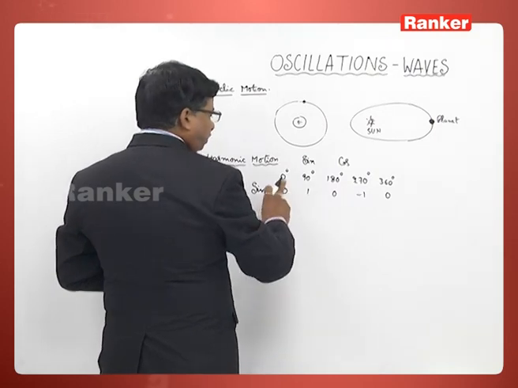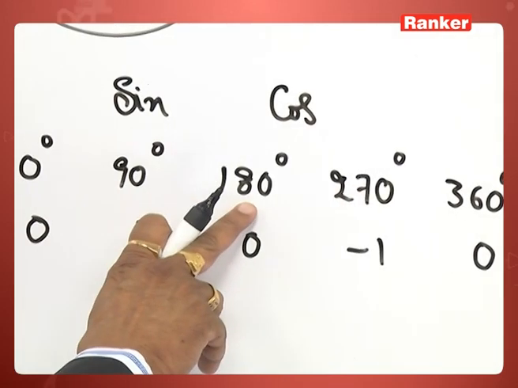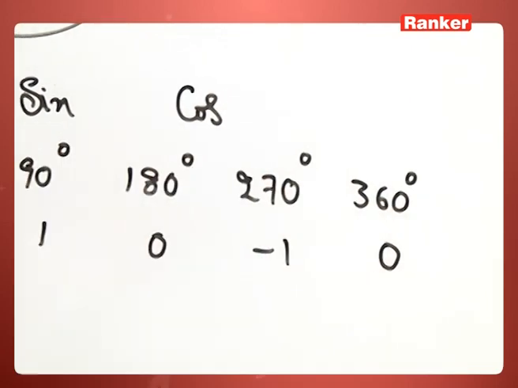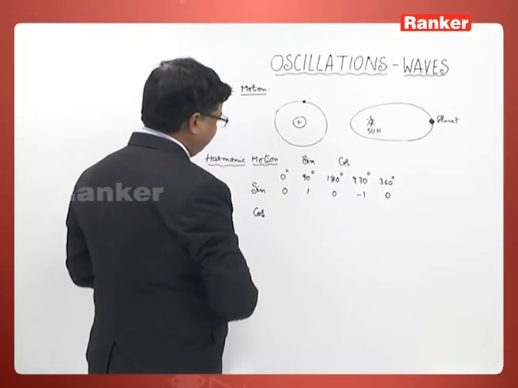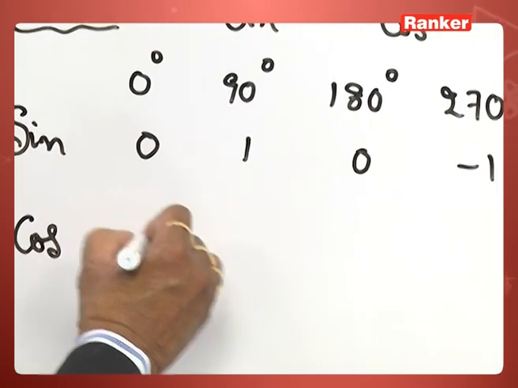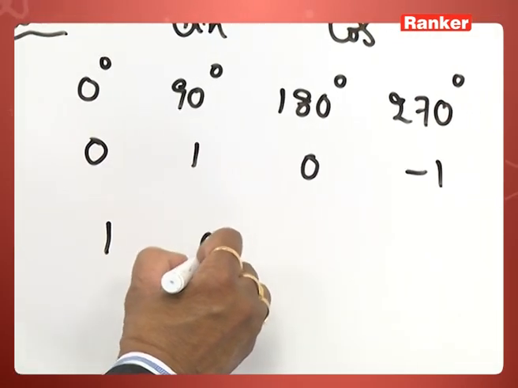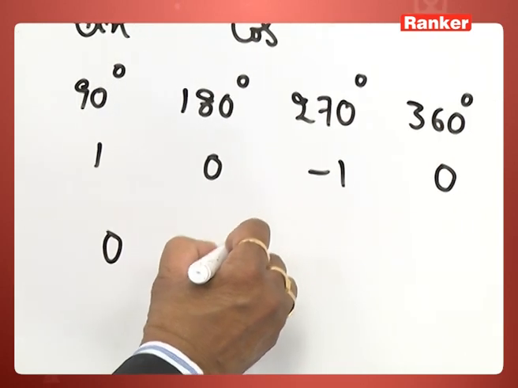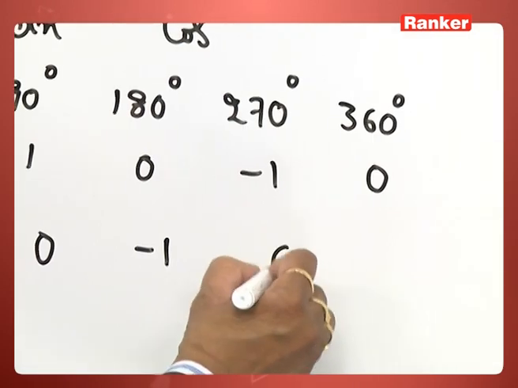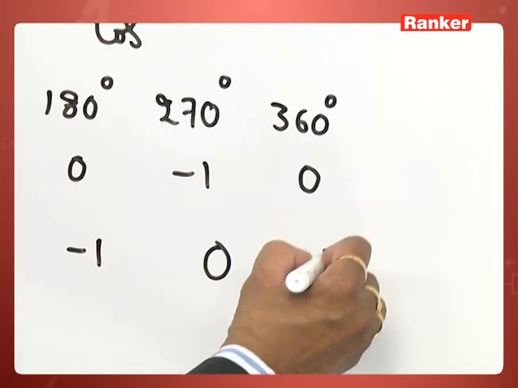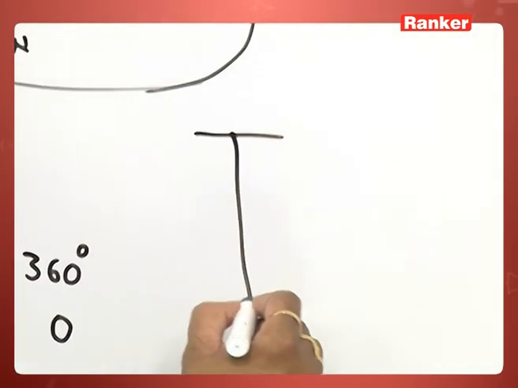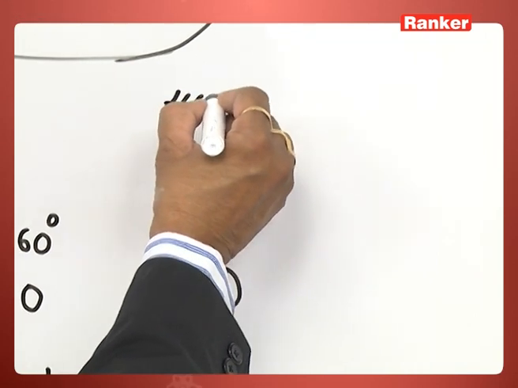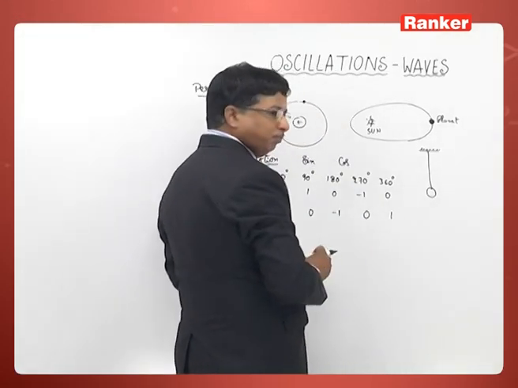If you just consider 0, 90, 180, 270 and 360, what are these values for a cos function? Cos 0 is 1, cos 90 is 0, cos 180 is minus 1, cos 270 is 0, cos 360 is plus 1. When I consider the oscillations of a pendulum this way, as an example, let us consider this way.